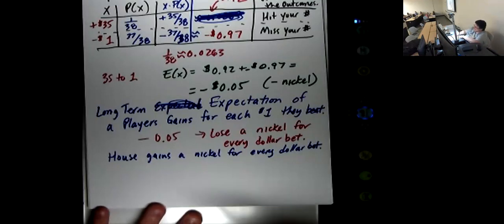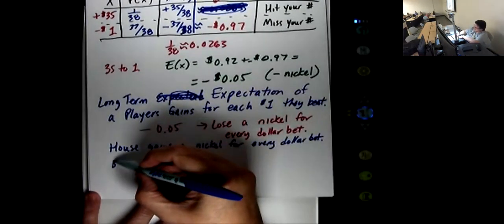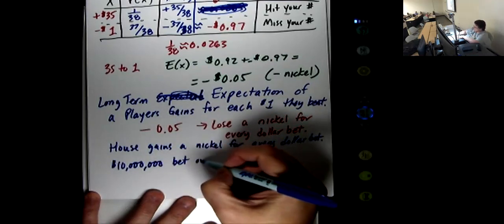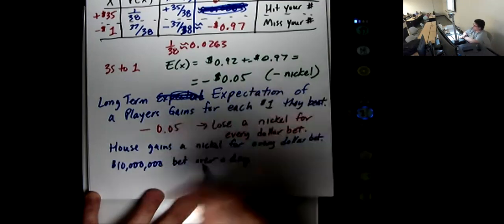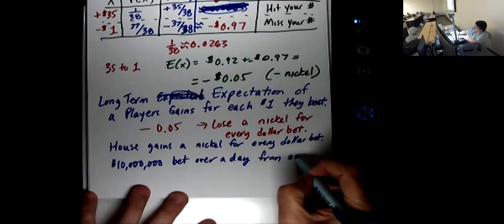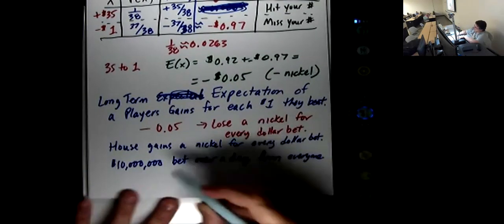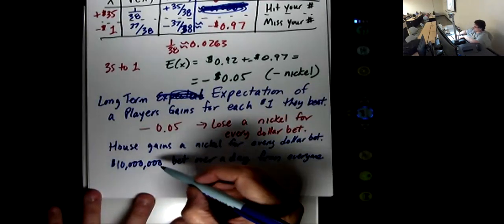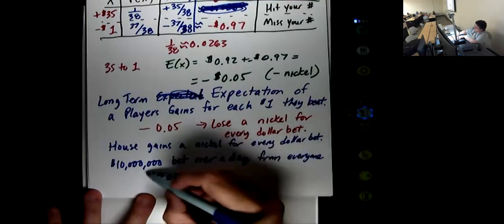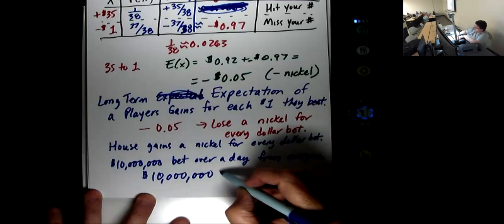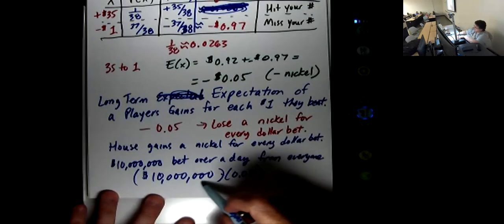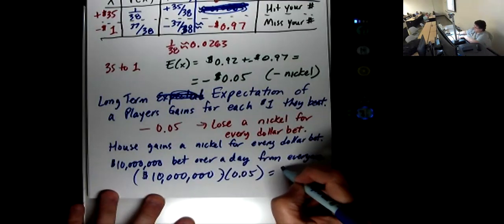And you can easily get like $10 million bet over a day. Not from any one player, but from all the people. That might be high, but definitely 10 million in a month. 10 million times 0.05 is $50,000.